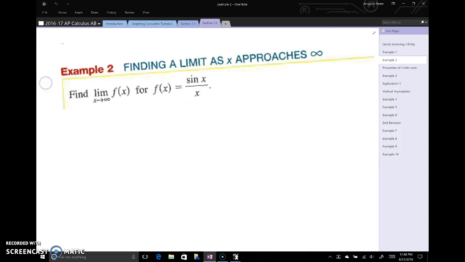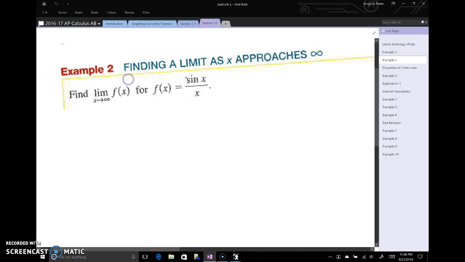Here's an example where we're not going to be able to take this limit just by evaluating it. And the problem is this. The top function is sine of x. And we know that the graph of sine of x just kind of looks like this. It just varies between 1 and -1.